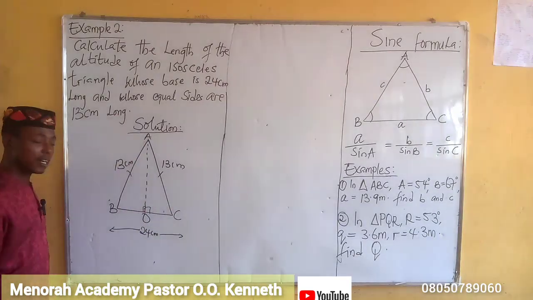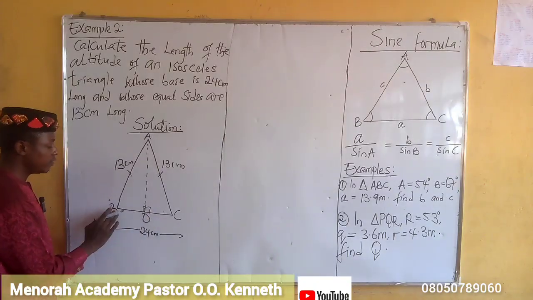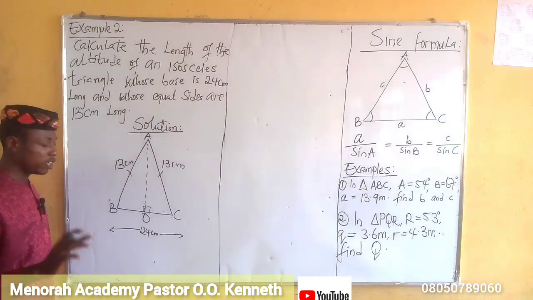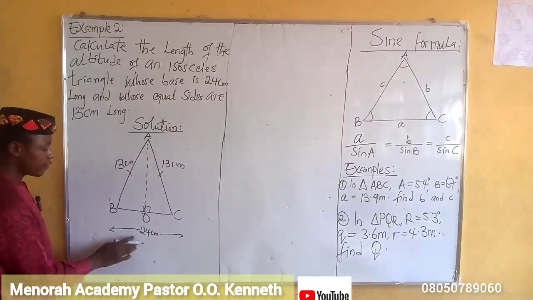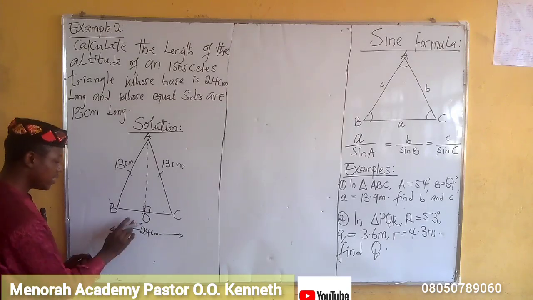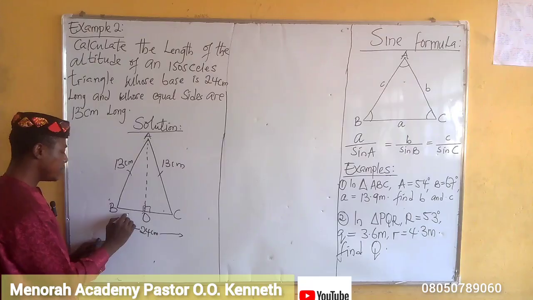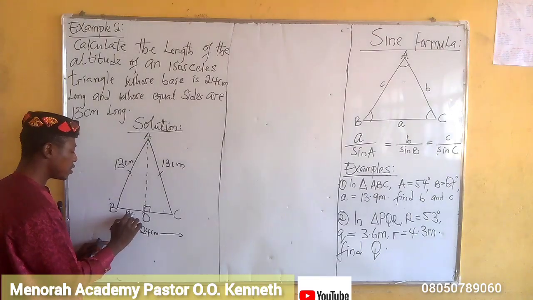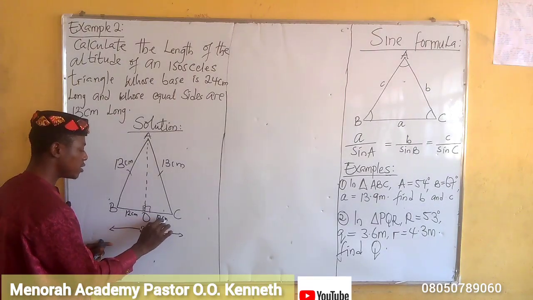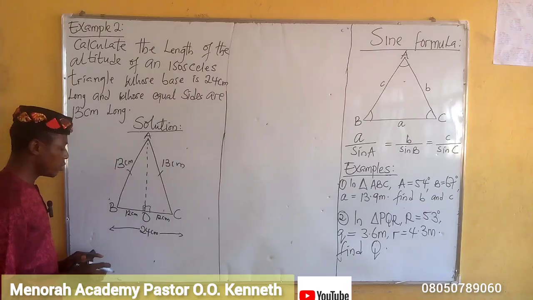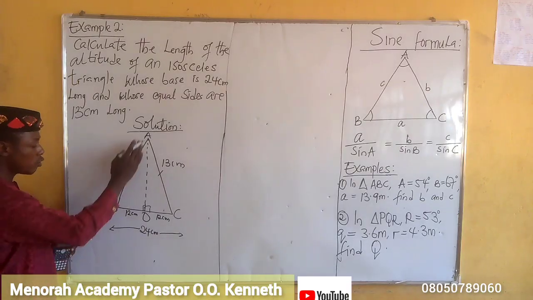You will agree with me that the height will divide BC into two equal parts. So if the whole of this is 24, that means here will be 12 centimeters, and here will be 12 centimeters. So by the time you use your Pythagoras theorem, you are going to get your AO.